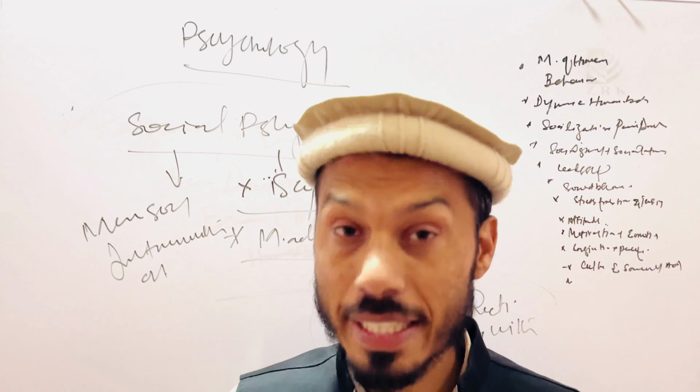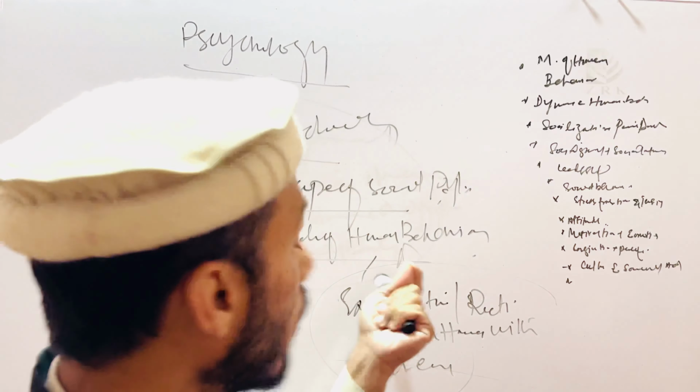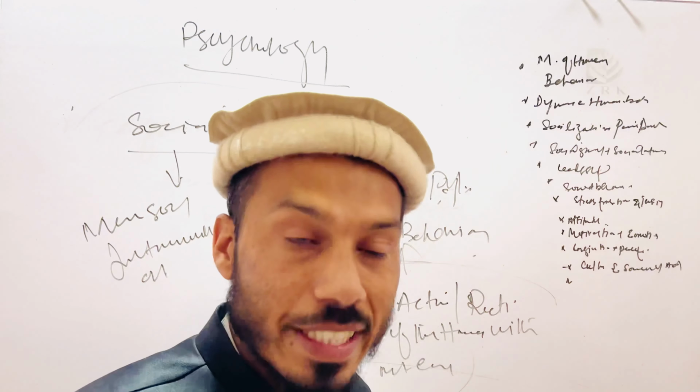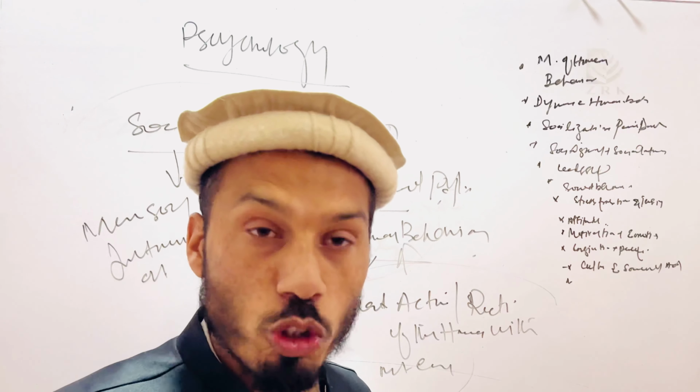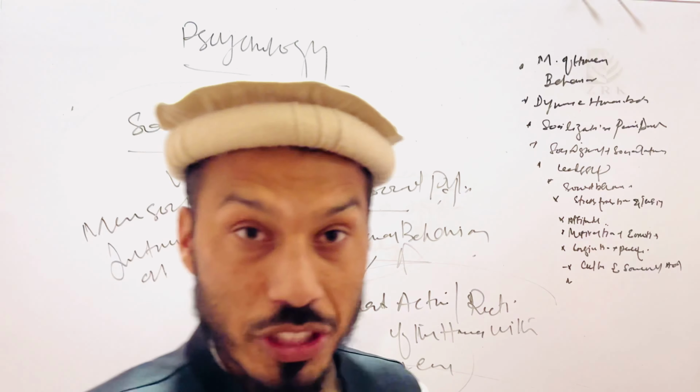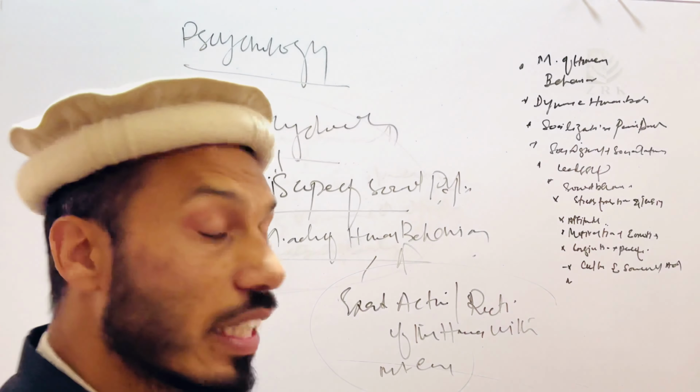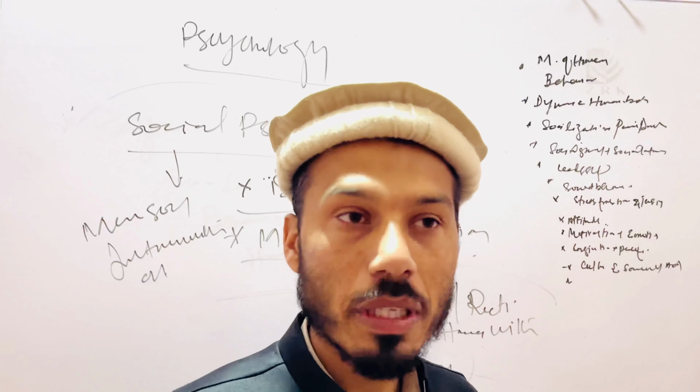So this is the mechanism of the human behavior. How to study the human behavior, the external action and reactions toward the external environment. So the first one is the mechanism of human behavior.